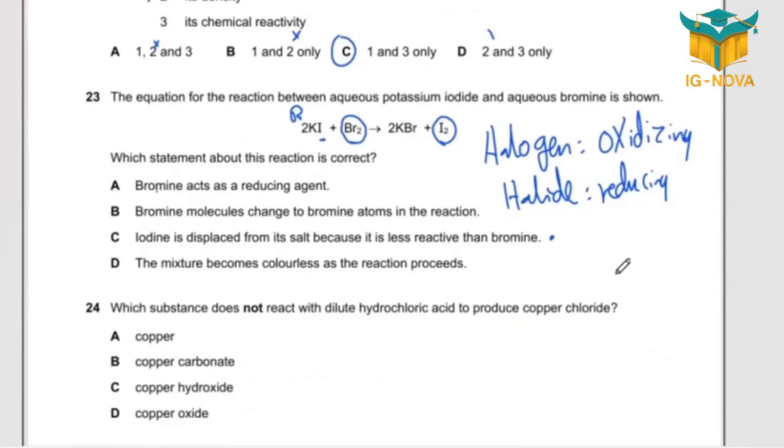Take the guidance dot. Any halogen is oxidizing and any halide is reducing.